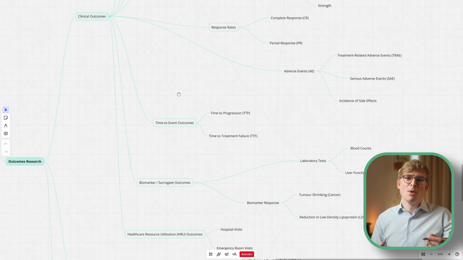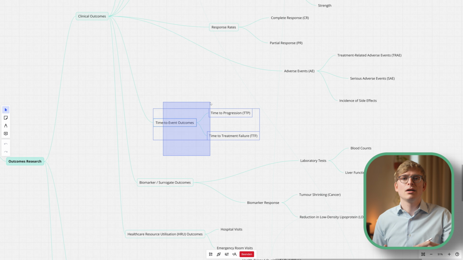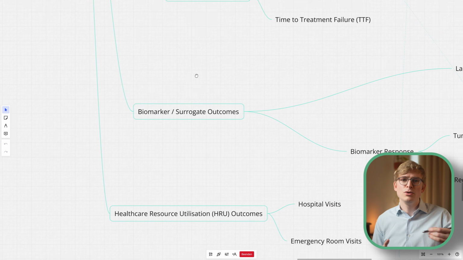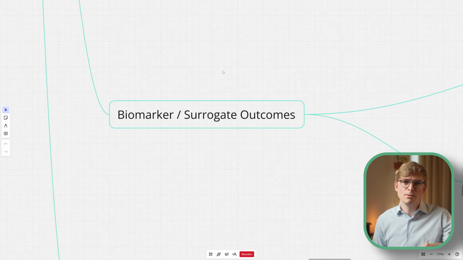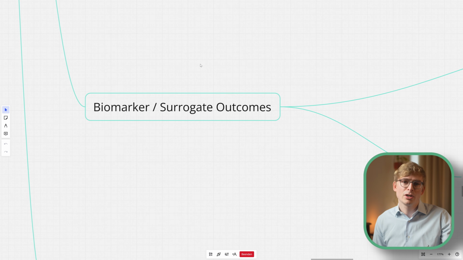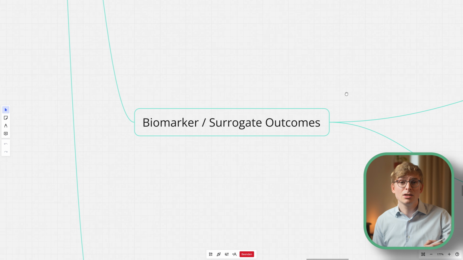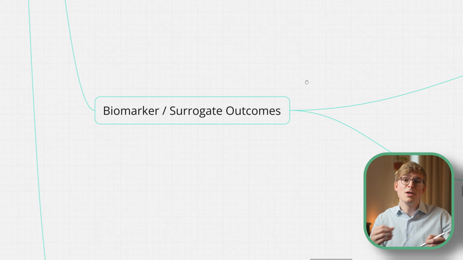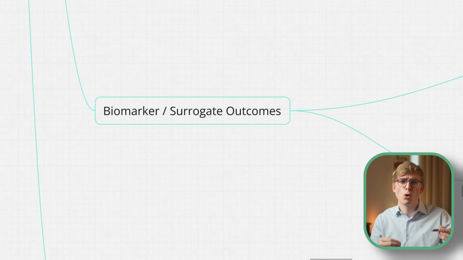I want to take a brief moment though to speak about biomarker and surrogate outcomes, as they're used so commonly in modern medicine to prove the effectiveness of a new drug treatment. In essence, surrogate outcomes are used as an indicator or sign in place of another hard, quantifiable long-term outcome.